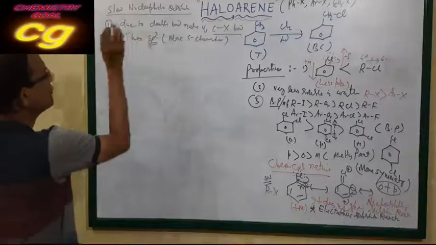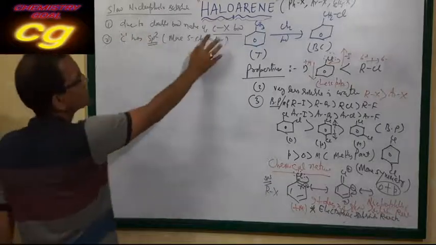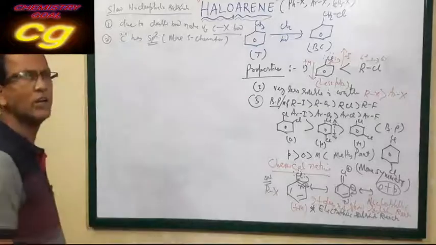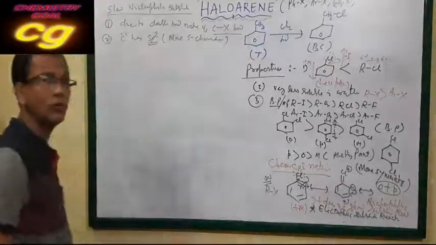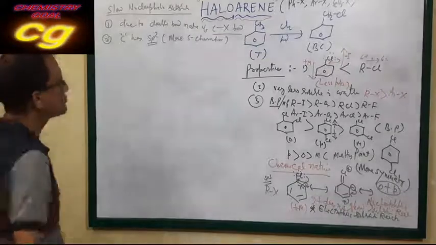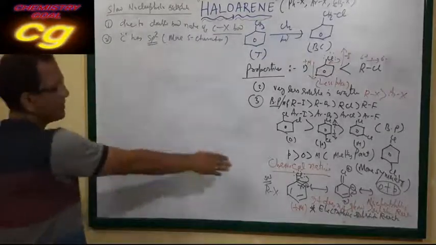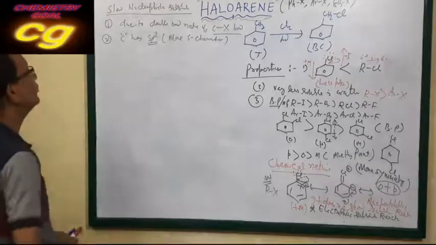That's why, due to sp2 hybridization, the bond strength of the C-X bond of haloarene is stronger compared to haloalkane, and it cannot be easily replaced by the nucleophile.